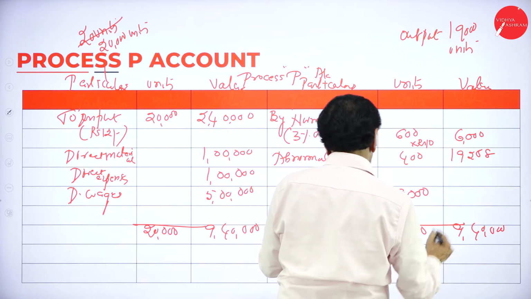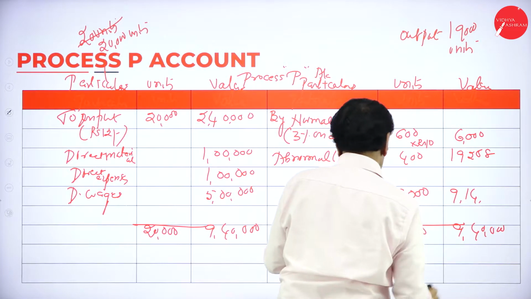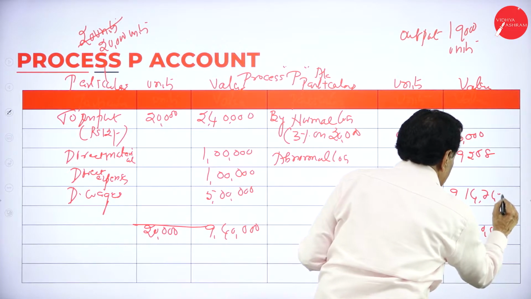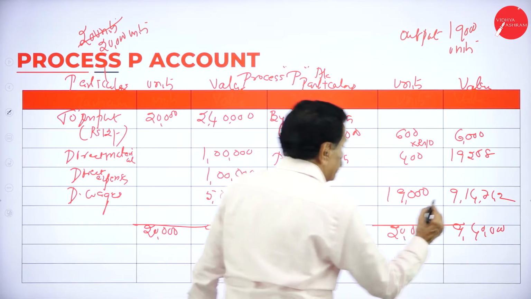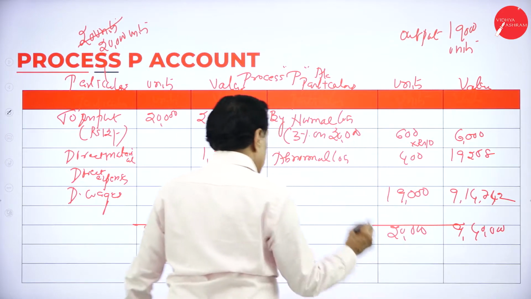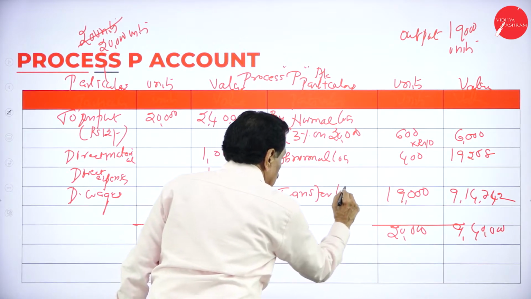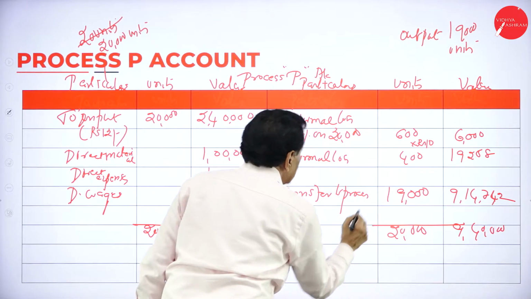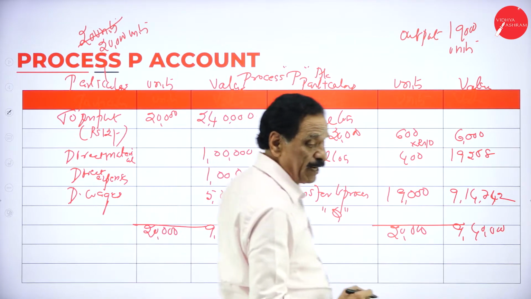9 lakh 14,742. This is transferred to process Q. We'll explain here.